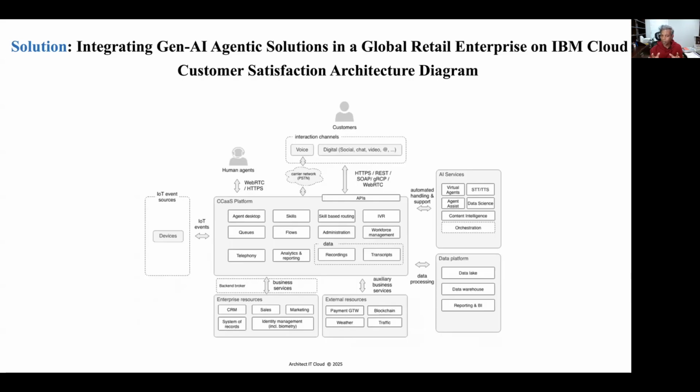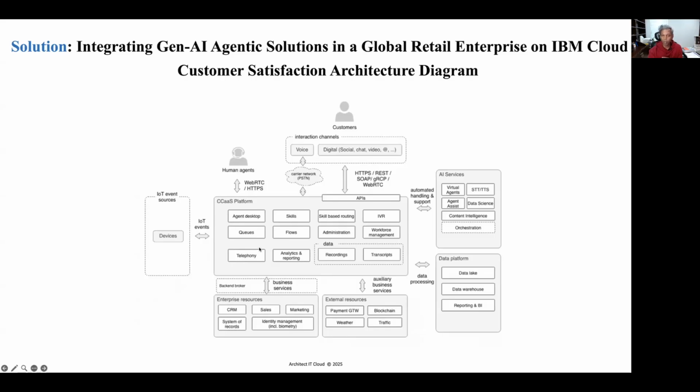These are all the key components which are required to help achieve customer satisfaction. And you can have telephony and analytic reports for receiving the telephony information, and analytics and reporting for generating the analytics of your customer data. And also data can be in the form of recordings or transcripts.